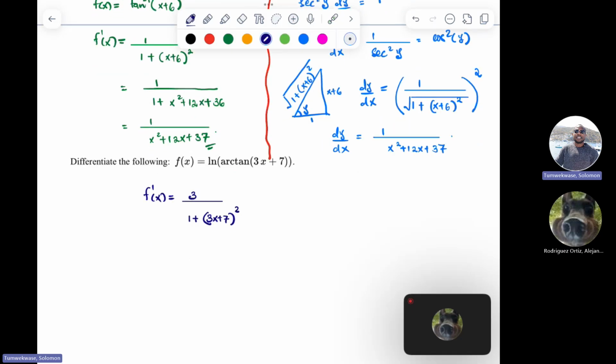So the whole of the answer I have, which is the derivative of the arctangent, I divide by what I have differentiated, which is arctangent of 3x plus 7.